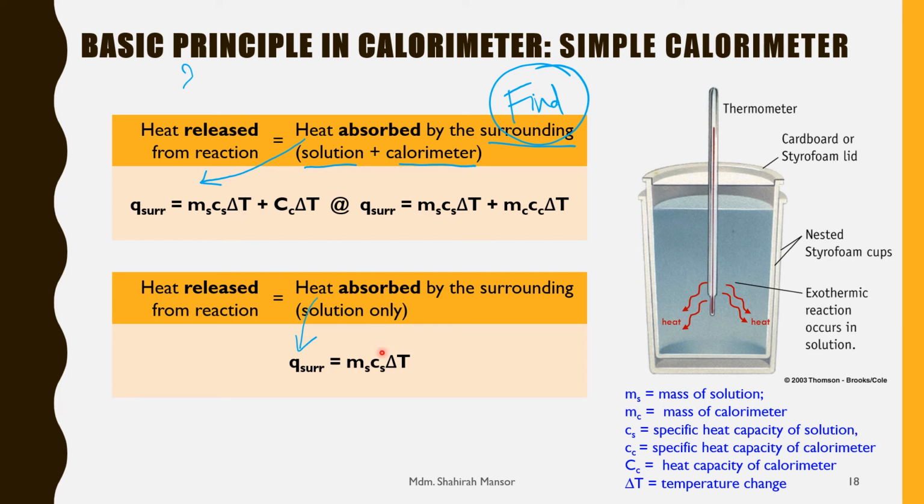So to know whether the surrounding ini merujuk kepada both solution and calorimeter ataupun solution sahaja, you must read from the info given in the question. Okay, so from the info given itu, you can determine whether the surrounding itu merujuk kepada siapa. Okay, sama ada both solution and calorimeter ataupun merujuk kepada solution sahaja.